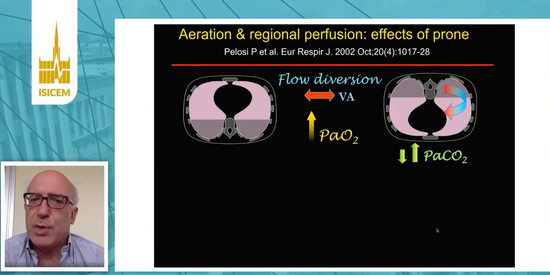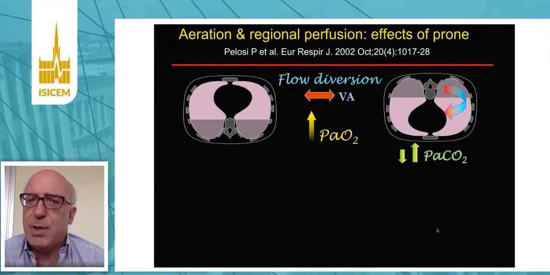Overall, we can model the response in oxygenation in prone in two settings. When oxygenation improves and there is no recruitment in consolidated areas in prone, usually there is no change in regional ventilation, and so we can observe no change or an increase in PCO2.